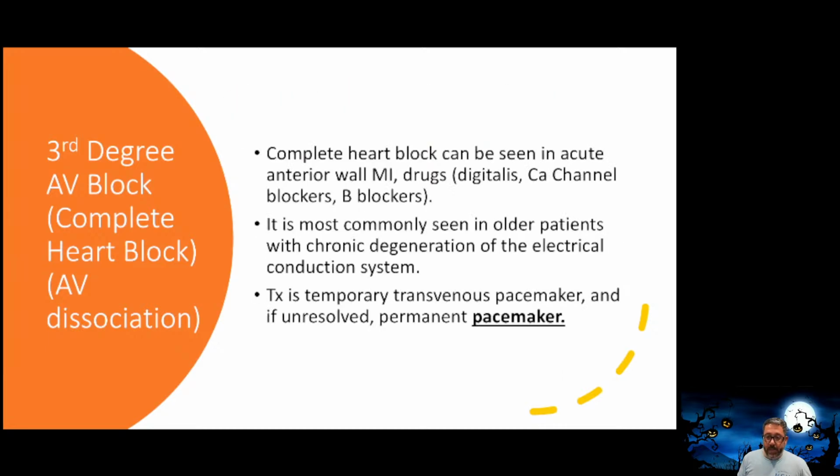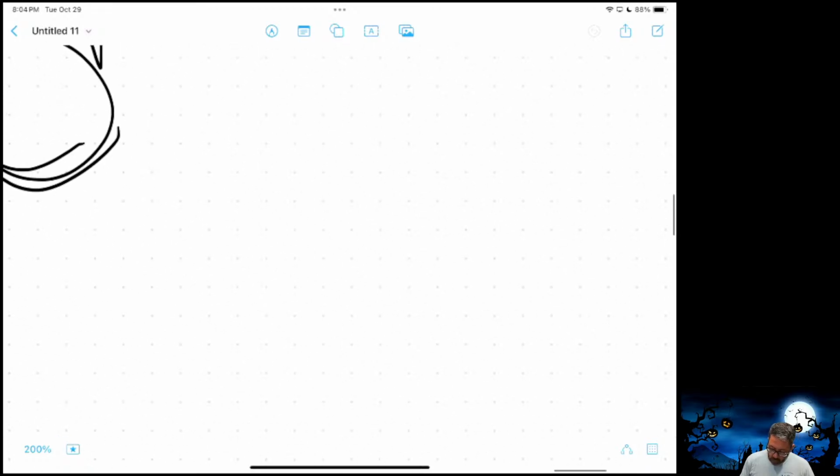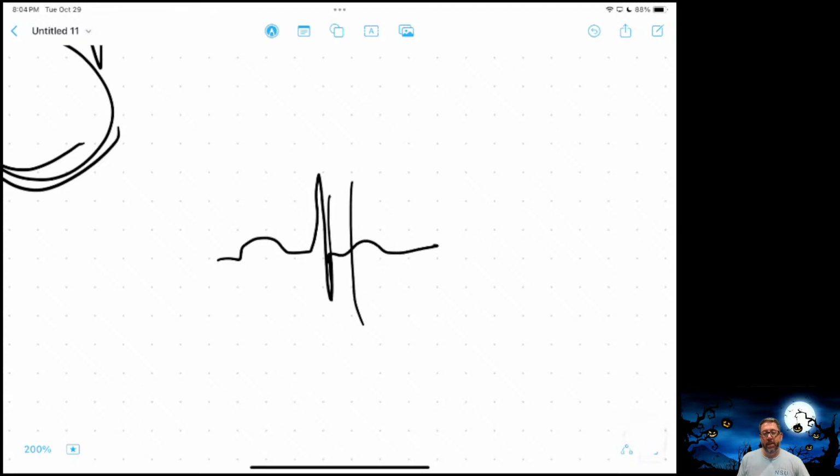Now, the next question, Muniba asked about benign early repole. The benign early repole, all they're saying with that, normally there's a little bit of a delay. I'm sorry, it's this way.